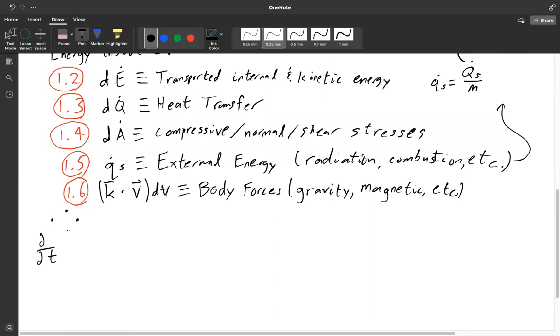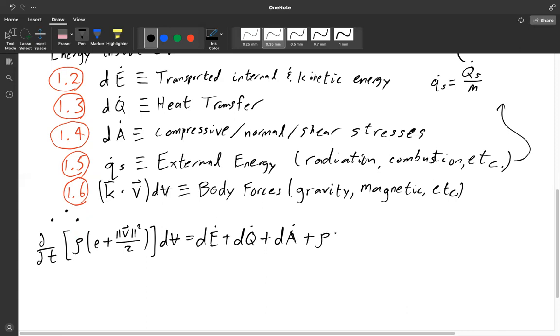Partial t of the integral of rho times e plus the velocity magnitude squared over 2 dV equals dE dot plus dQ dot plus dA dot plus rho little q dot S dV plus the body forces, K vector dotted with V vector.